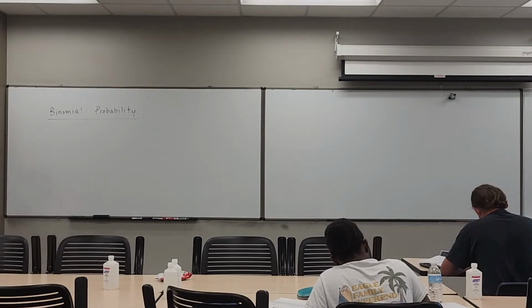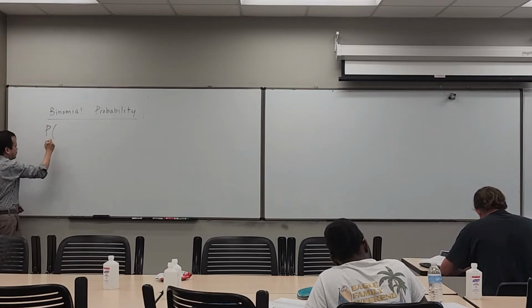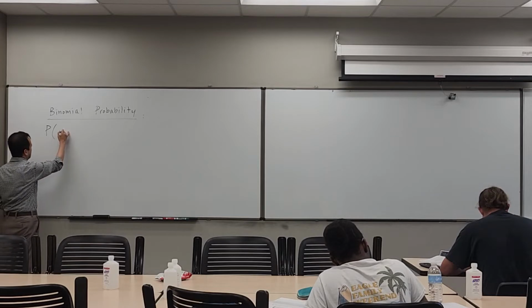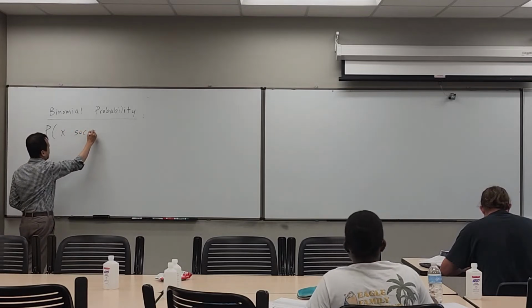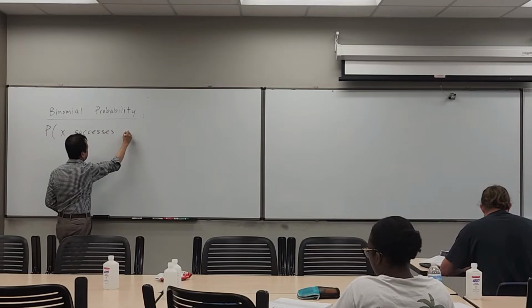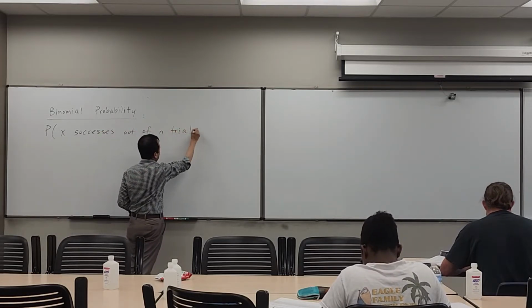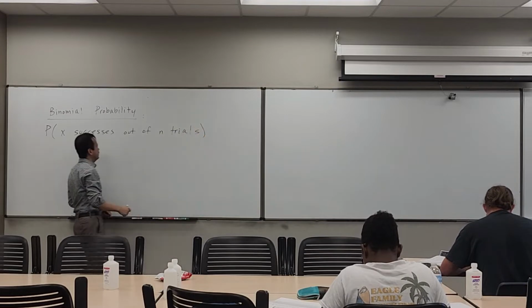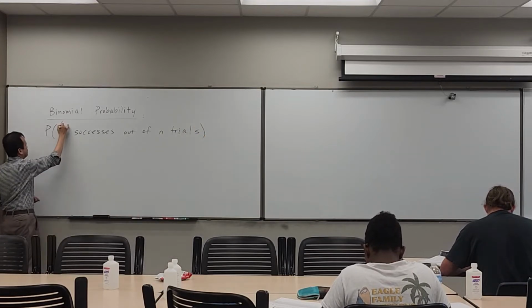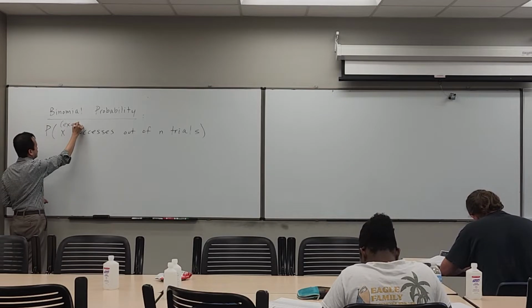We said a binomial probability was when you had a probability of a situation that had a certain structure, like the probability of a number of successes out of another number of trials. And there's this implied word here, which is exactly that many successes.